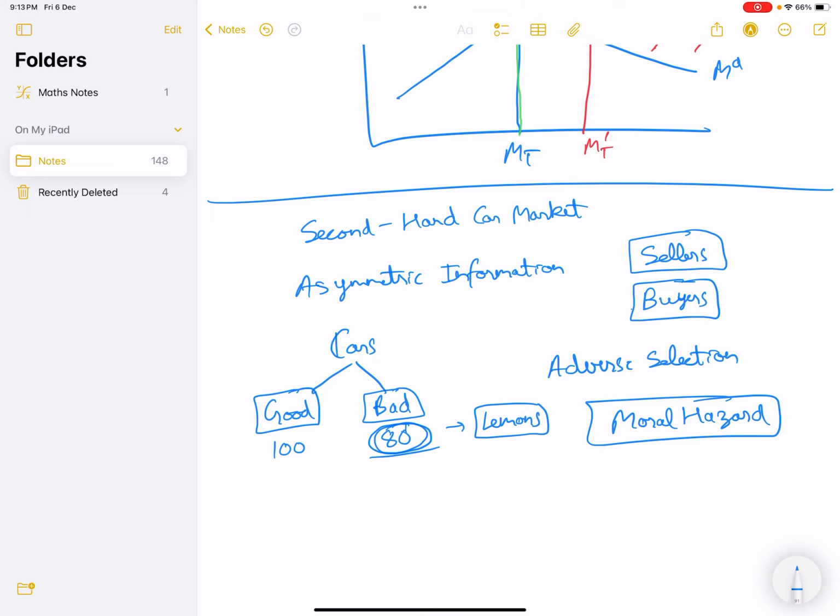So once you have taken the loan, your actions don't match what they were supposed to be. That leads to a problem of moral hazard. Because if we have taken life insurance, we tend to drive faster. So this is a moral hazard problem. Okay, I hope this was clear. And if you have any doubts, you can leave them in the comments.